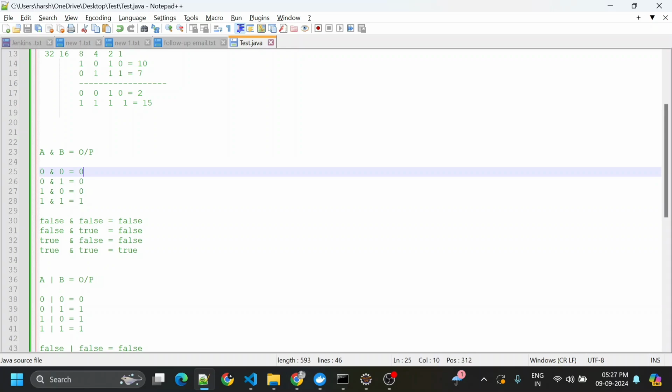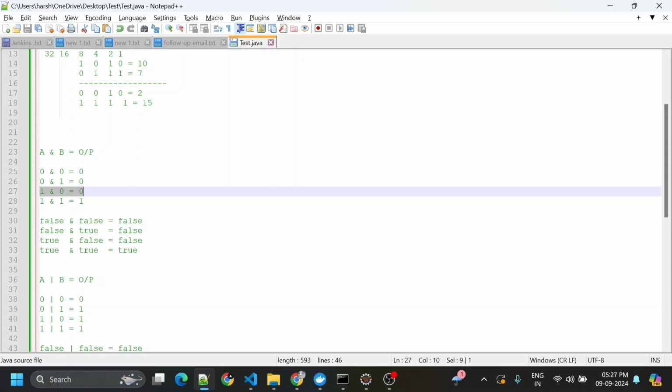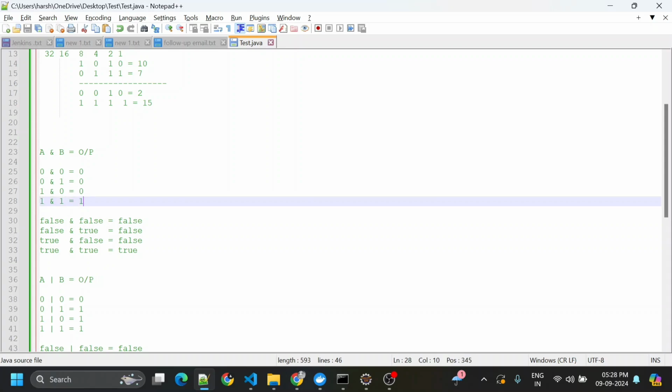If I say 0 and 0, the output will always be 0 for AND. If I'm writing 0 and 1, the output with AND will always be 0. If I'm writing 1 and 0, the output with AND is always 0. And if I'm writing 1 and 1, the output will always be 1.